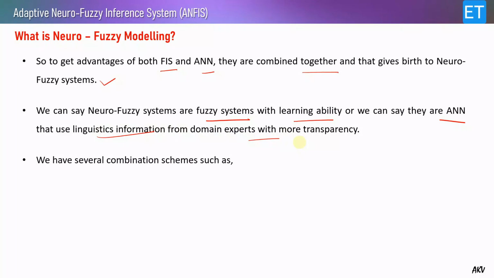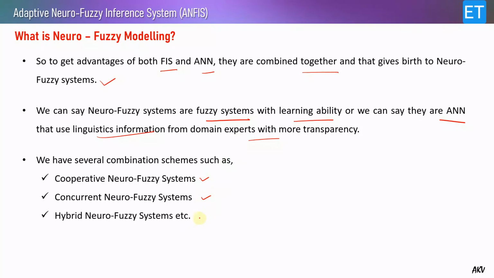We have several combination schemes, I mean, how to combine FIS and ANN together. The first one is cooperative neuro-fuzzy systems, then concurrent neuro-fuzzy systems, and the hybrid approach. In cooperative neuro-fuzzy systems, neural nets are only used for tuning purposes to fine-tune the fuzzy systems.